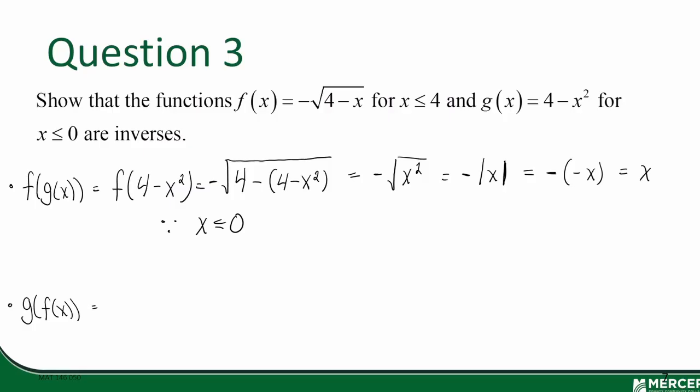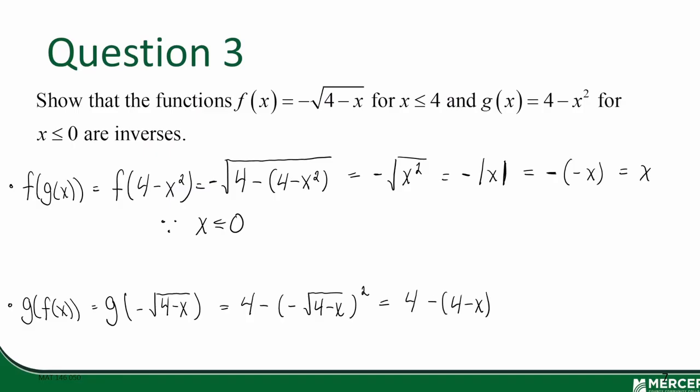g of f. g of negative root 4 minus x. Square of the negative square root just gives you 4 minus x.